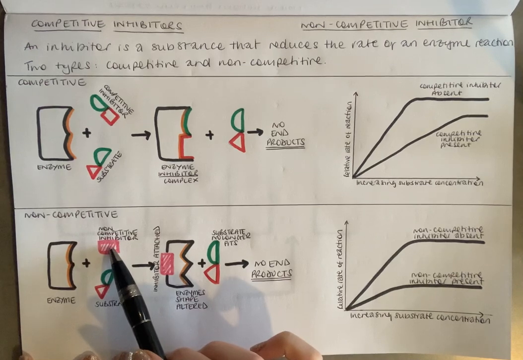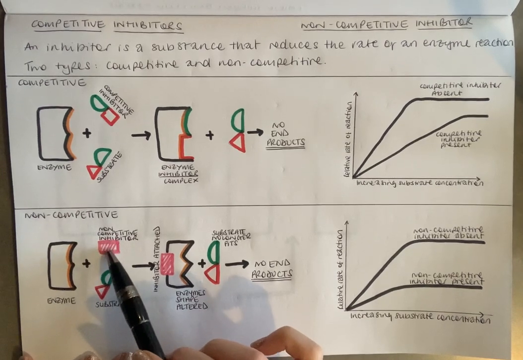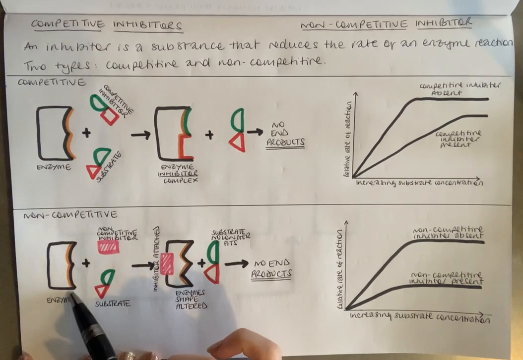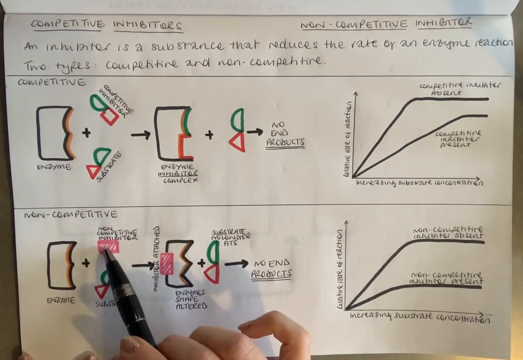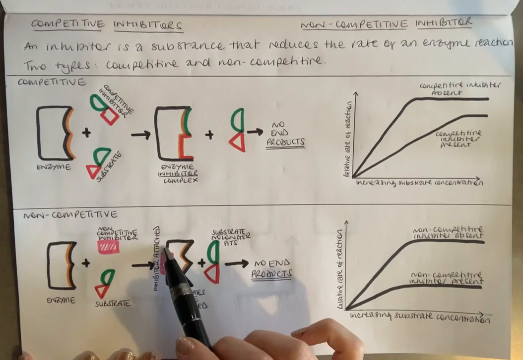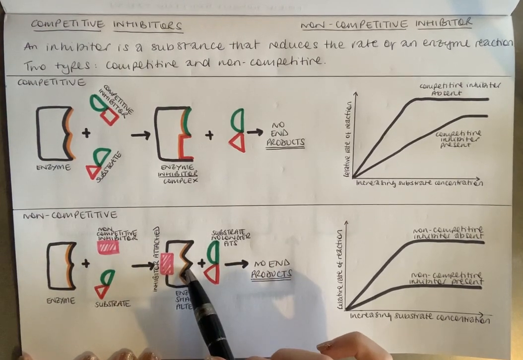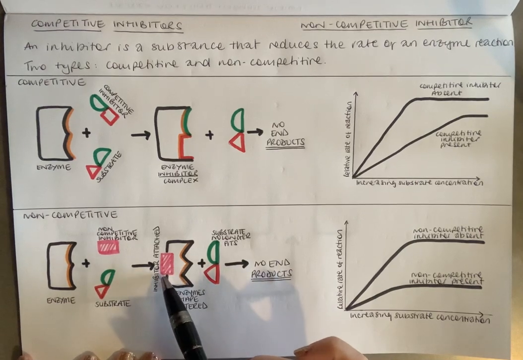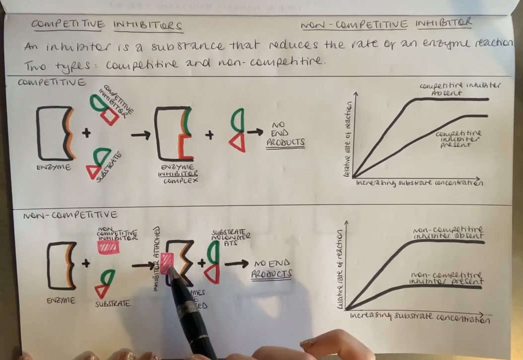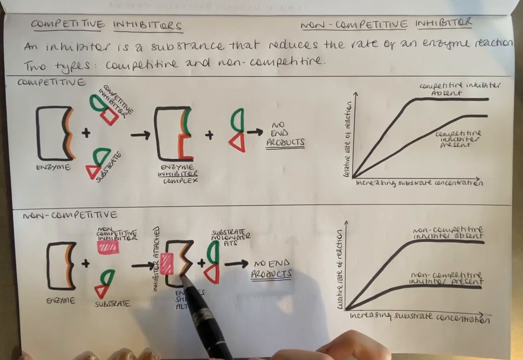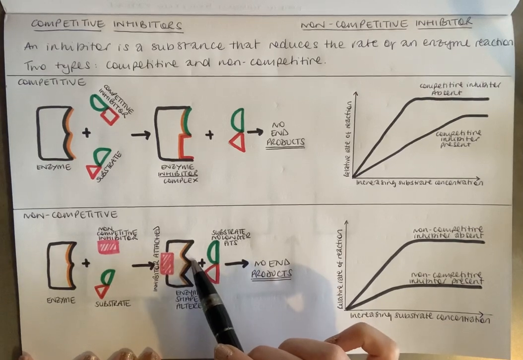A non-competitive inhibitor is not structurally similar to our active site in our enzyme. And it doesn't matter, because what it does is it binds to another area of the enzyme. It does not bind onto the active site. However, when that inhibitor attaches itself to that enzyme, it alters the shape of the active site.